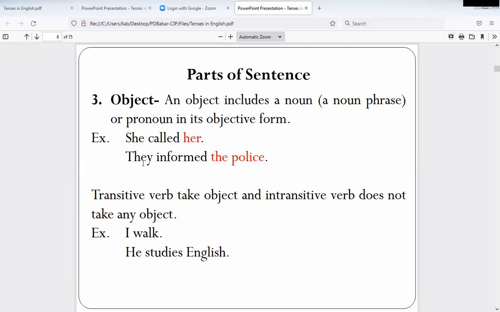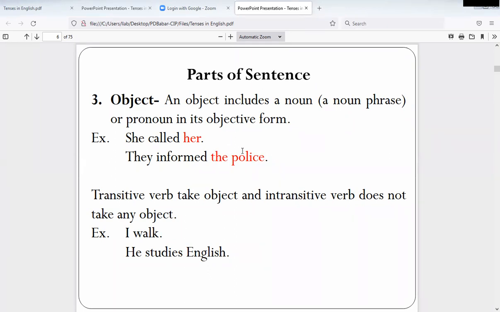So they is the subject, informed is the verb, and the police is the object. Why is it the object? Because if we ask the question with the WH word, whom did they inform? The police. So the police here works as the object of the sentence.